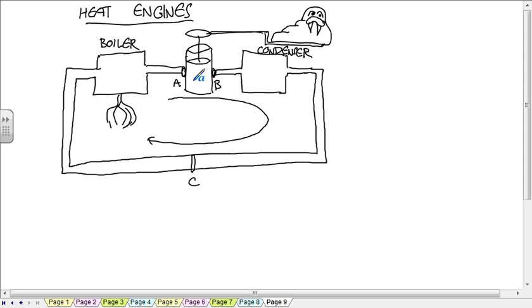So let's start by saying the valve at A opens with the piston in the down position.